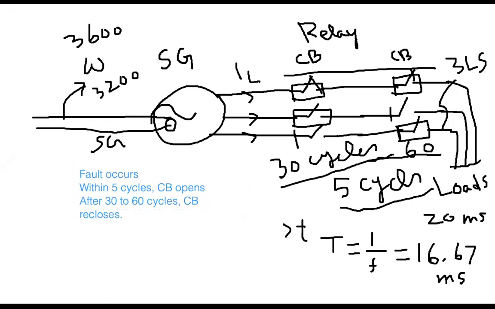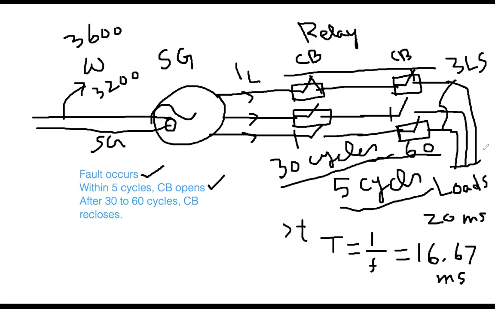So everybody see what I am explaining: first the fault happened here. And then I'm talking about the circuit breakers. Within 5 cycles, the circuit breaker opens. And after opening, after 30 to 60 cycles, then CB recloses. Why is the reclosing done?